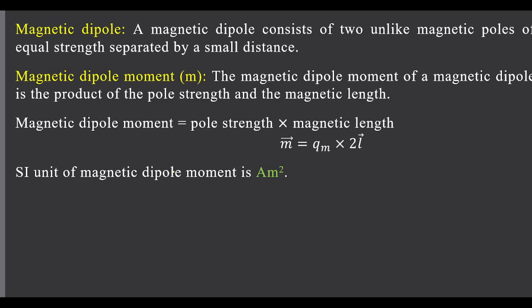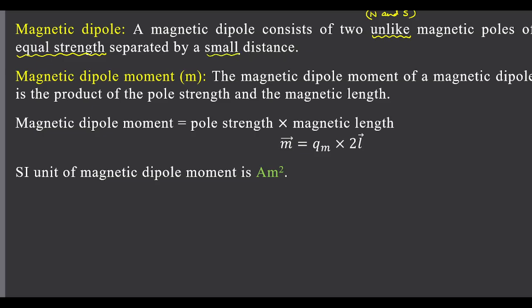So first of all, we have the magnetic dipole. What is a magnetic dipole? A magnetic dipole consists of two unlike magnetic poles, north pole and south pole, of equal strength, which can be represented by Q, separated by a small distance, that is 2L.